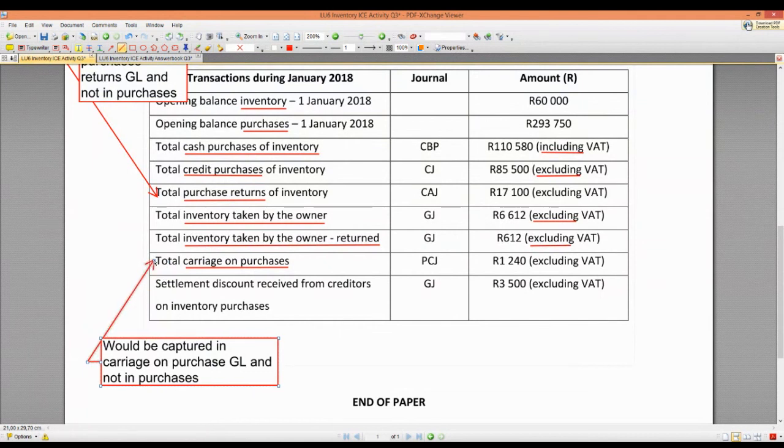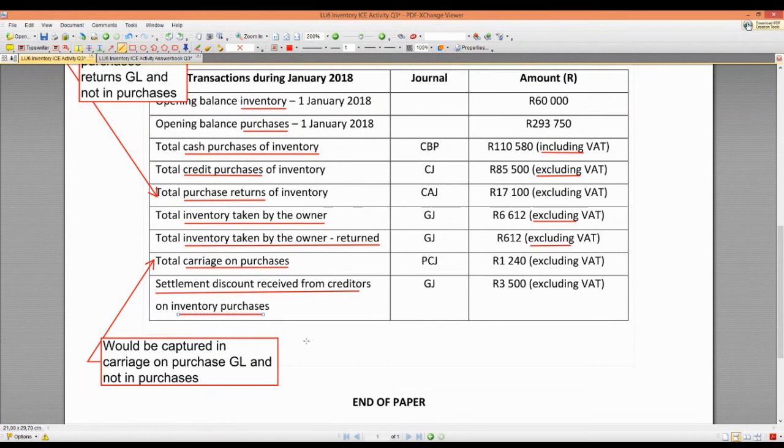Then the last entry that we've got is they tell you that there was a settlement discount received from our creditors on inventory purchase. Now, similar to the perpetual inventory system, if we get a settlement discount when we purchase inventory, we have to reduce the inventory amount.